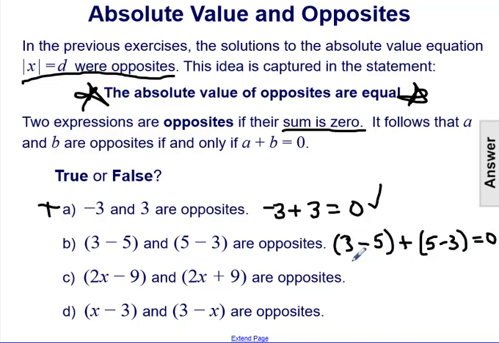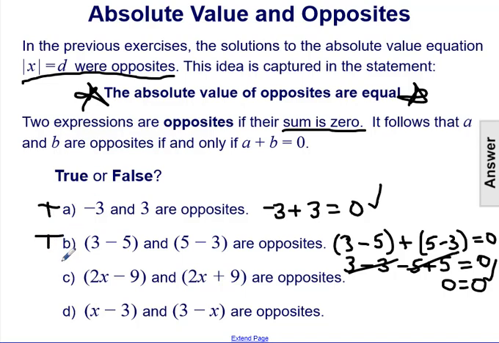Well, if we're adding these two, we can add 3 minus 3. This is commutative property. I'm just moving my terms around. And -5 plus 5 all do cancel out to equal 0. So that would be true. So B, it turns out 3 minus 5 and 5 minus 3, the statement of B, are opposites.